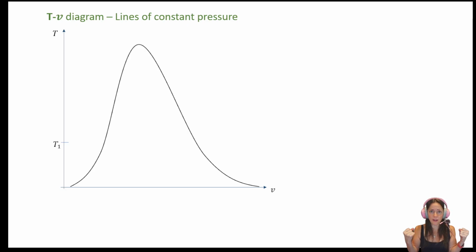And we've pulled out the TV data, but now we're going to remember, oh yeah, there is pressure data. I still have that. So this is the trend line for lines of constant pressure on a TV diagram. You'll notice that the tails are flipped.